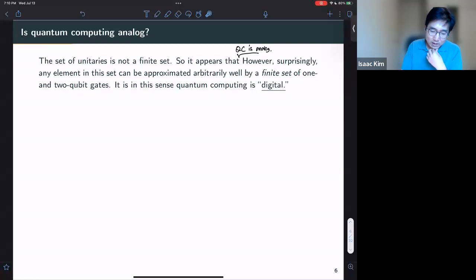The reason is that any element in this set can be approximated arbitrarily well by a finite set of 1 and 2 qubit gates. So even though the set that you want to ultimately generate is continuous, you can still approximate it as well as you want using just a discrete gate set.